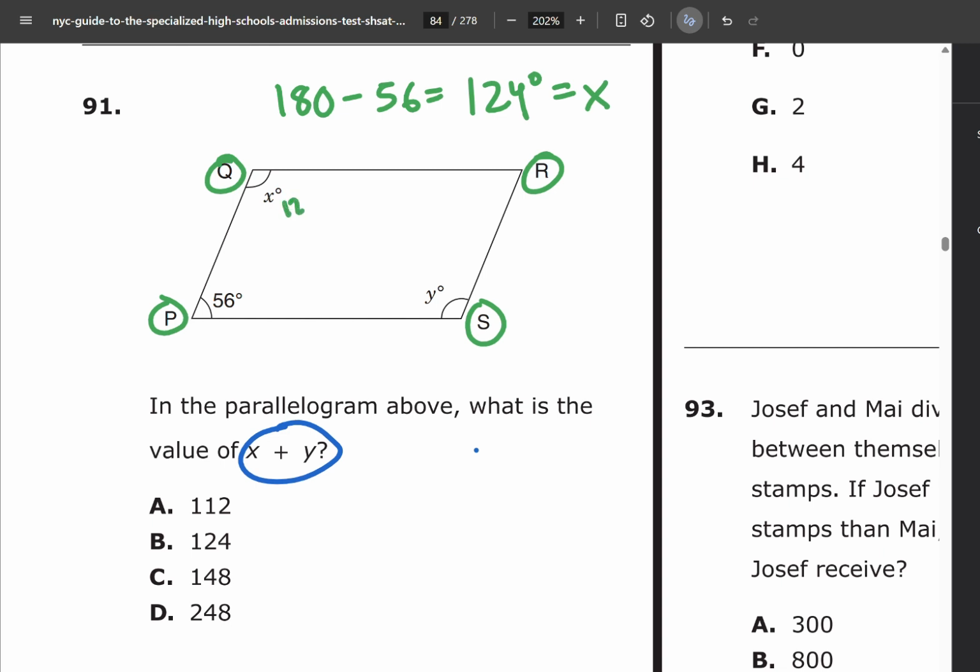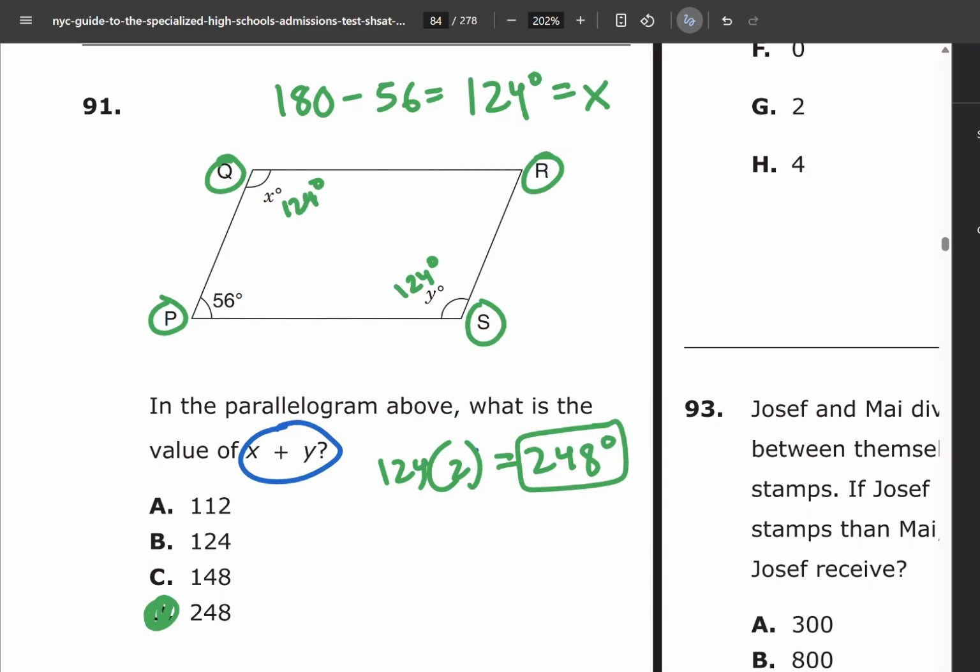So if this is 124 degrees, that means this also must be 124 degrees. And 124 times 2 is equal to 248. So x plus y must be 248 degrees, which is choice D.